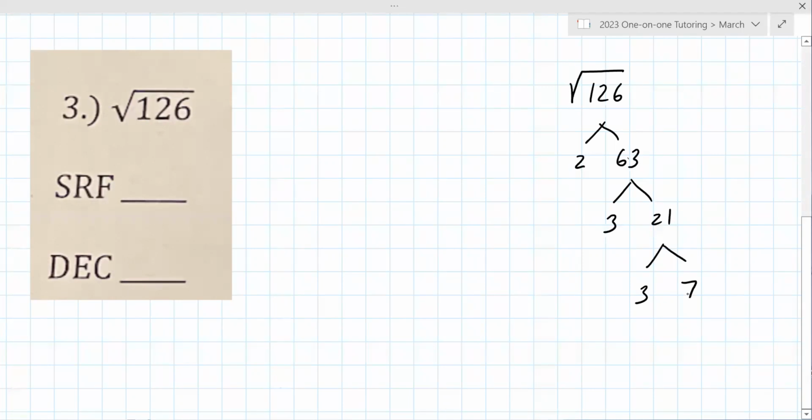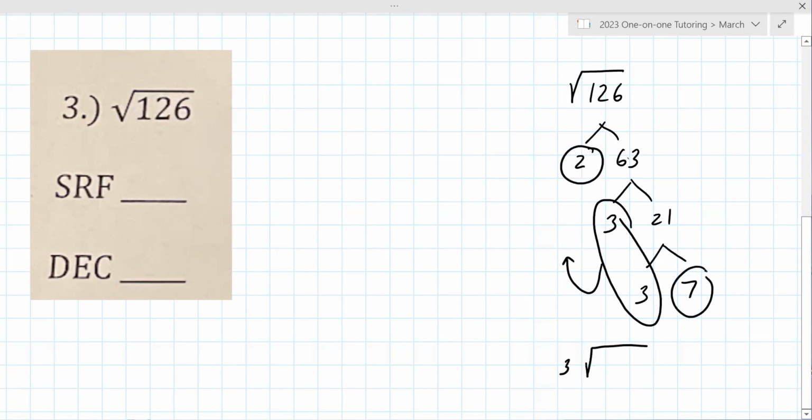All right. Now, there's a pair of 3s. Do you see that? Okay. So the 3 is going to come out. What numbers are left over that are going to stay on the inside?